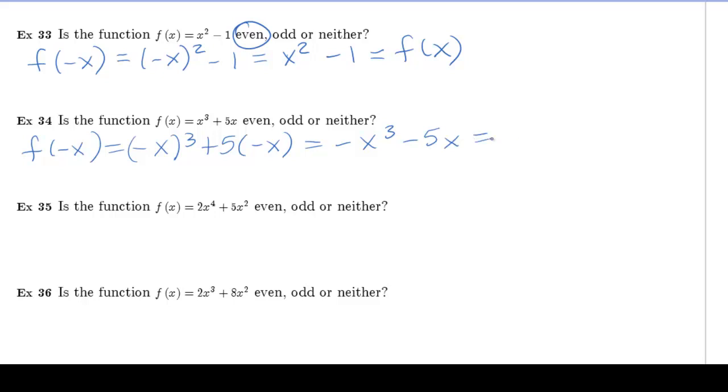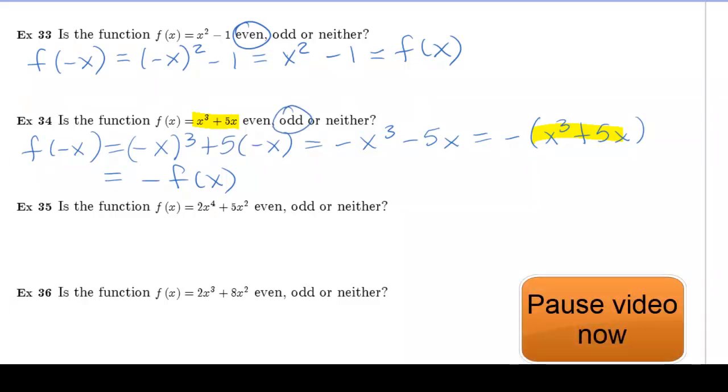And if we factor out a negative here, we end up with x cubed plus 5x. So we've got that negative there, which is really negative f of x. So again, pulled that negative out. So we're left with x cubed plus 5x, which is the same thing that we started off with. There's just a negative out front, which means it's negative the original function. And so in this case, this means we have an odd function.